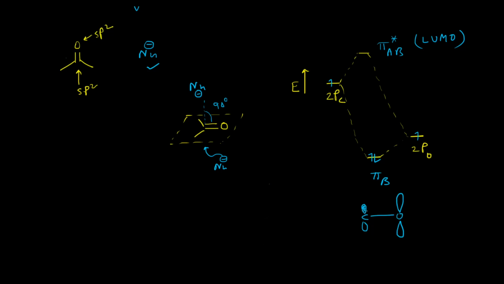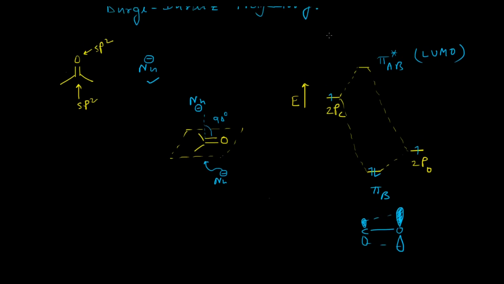Since it is the bonding orbital, the orbital phases will be the same, and thereby there will be a bonding interaction. The picture of the anti-bonding orbital will be like this, where the orbital contribution will be higher in the carbon 2p orbital, since it is closer to the pi star anti-bonding orbital. These 2p orbitals will be of opposite phase, which denotes there is a nodal plane between them.